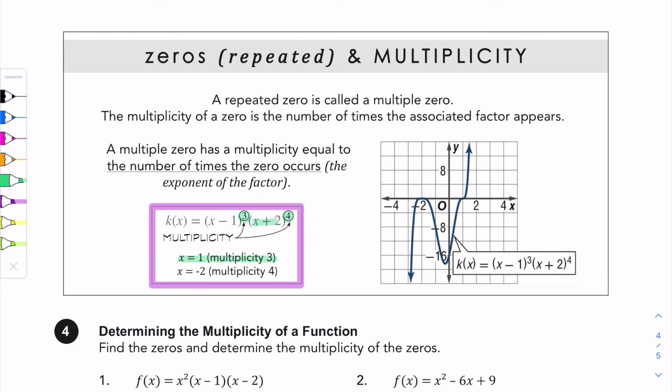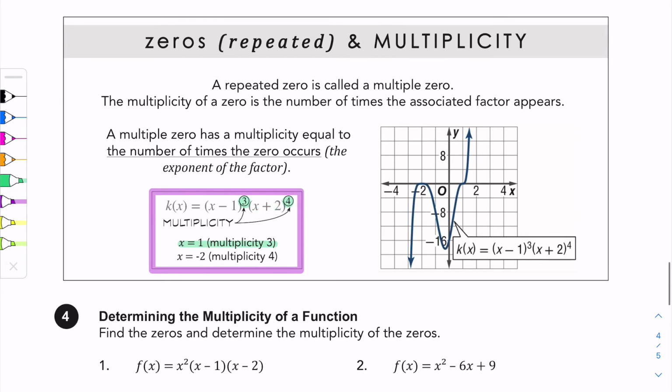This factor is x plus 2. Set that equal to 0, x equals -2. The exponent indicates that it happens 4 times, so we would say the multiplicity is 4. Now the multiplicity is specific to the shape of the graph. Next class, when we're graphing, the multiplicity will tell you what type of curve to make at each zero.